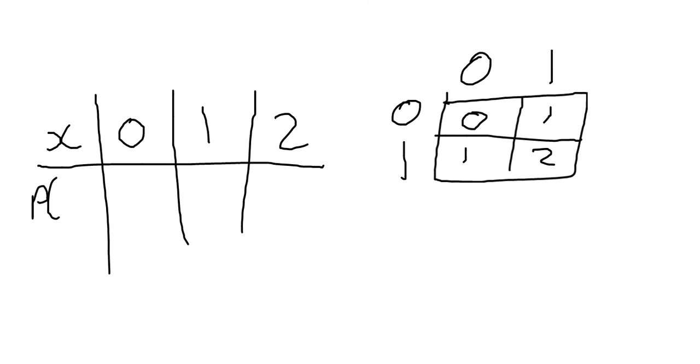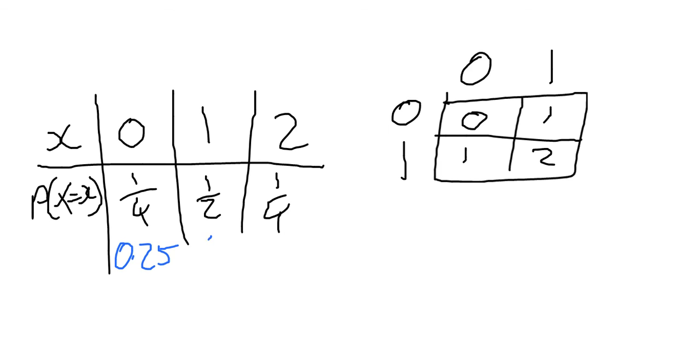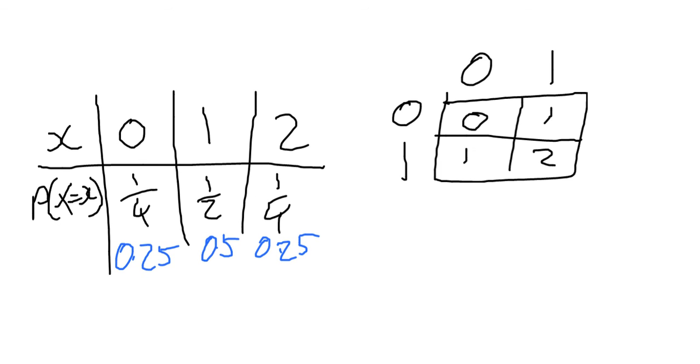The probability that our random variable is little x is 1 out of 4, 1 out of 2, and 1 out of 4, or we then write it in decimals: 0.25, 0.5, 0.25. That's our probability distribution table for the 2 coin situation.